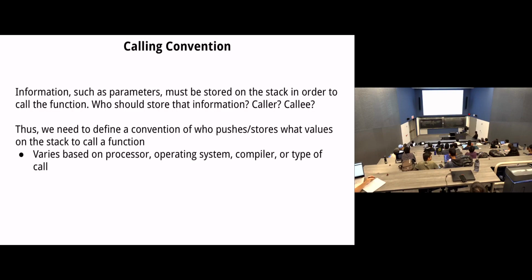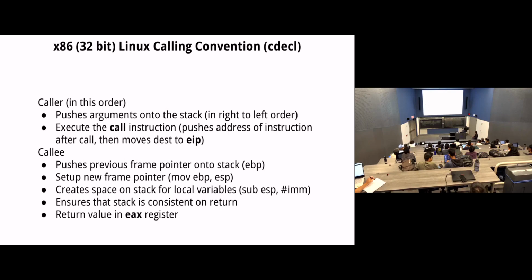Different operating systems and different processors, compilers will use different calling conventions. We are going to look at two calling conventions today. The first one is called cdecl. This is the standard calling convention for 32-bit programs in Linux.